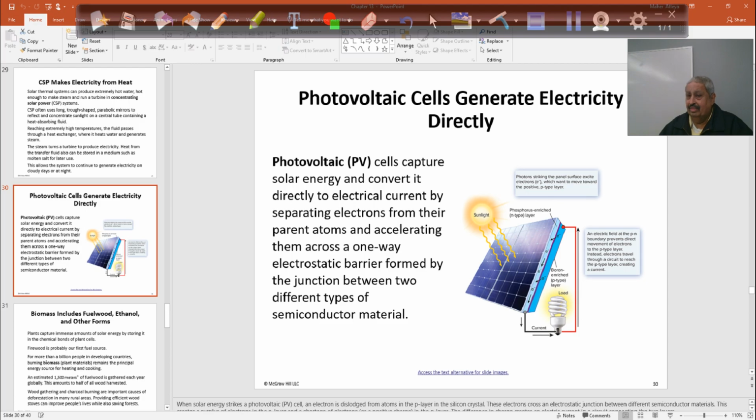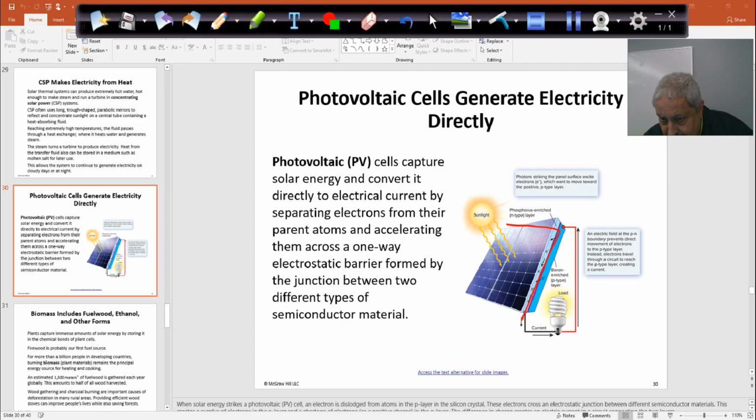Photovoltaic cells generate electricity. That's solar energy, and that's what we talked about. What? A chemical reaction. When the sun is coming in, you have the solar panels made of silica or any other compound or metal. The way you kick out of this is electrons.